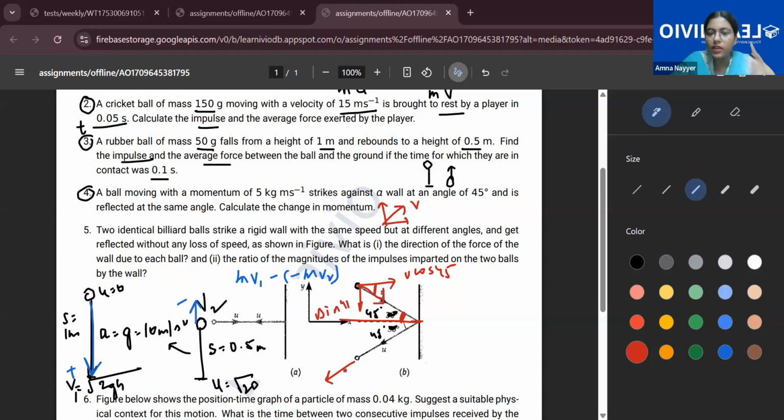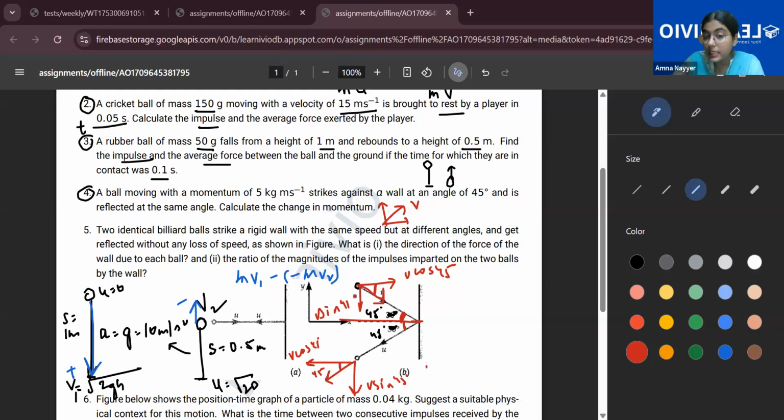So when you resolve, one component will be like this, one component will be like this, because you only have to focus on the rectangular components. Rectangular components mean they are perpendicular. Vx and Vy, they'll be perpendicular. If this is 45, so this will be 45. Corresponding angles, here it was alternate angles. Here, these are corresponding angles. So if this is 45, this becomes V cos 45, this becomes V sine 45.